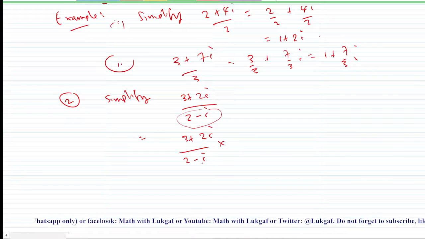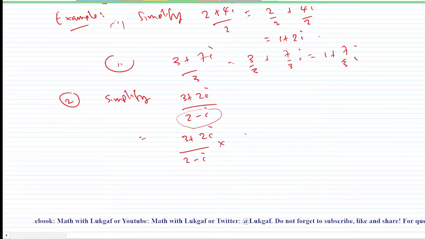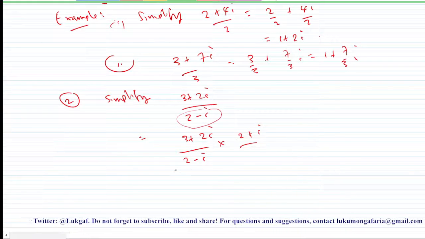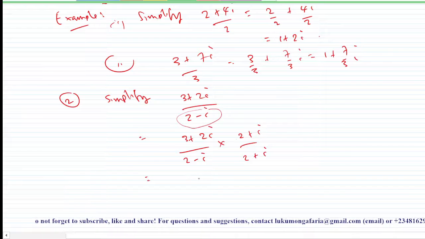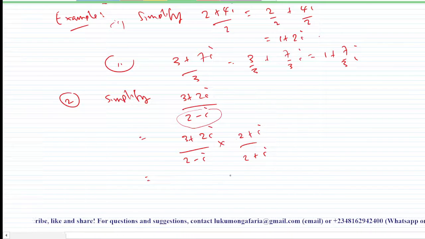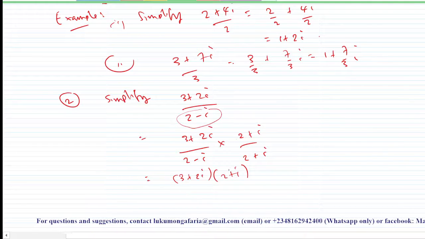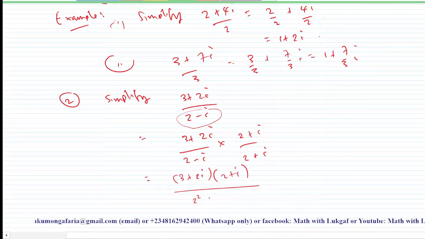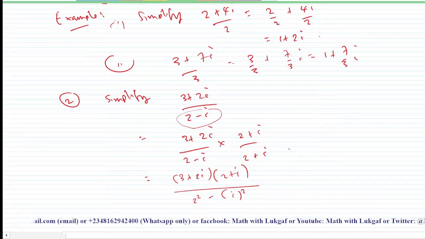What's the conjugate of 2 minus i? That's 2 plus i divided by 2 plus i. Then I'm going to have 3 plus 2i times 2 plus i. You can use your difference of two squares like I've explained. That's 2 squared minus i squared.